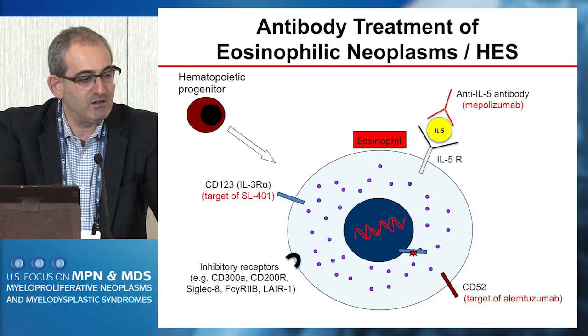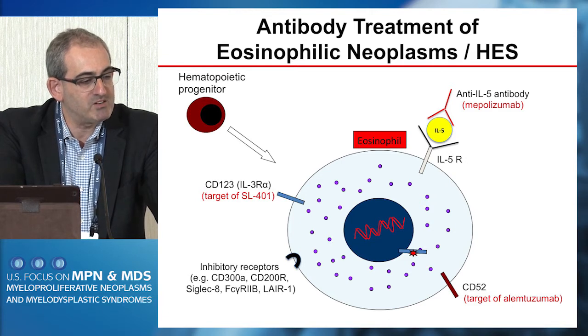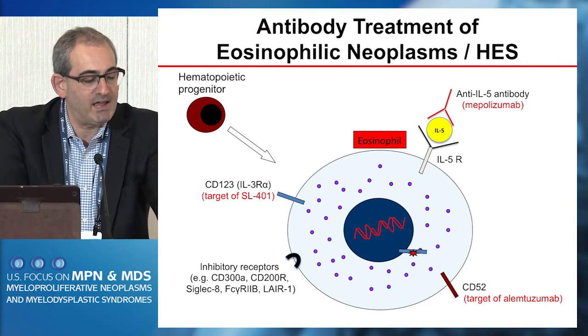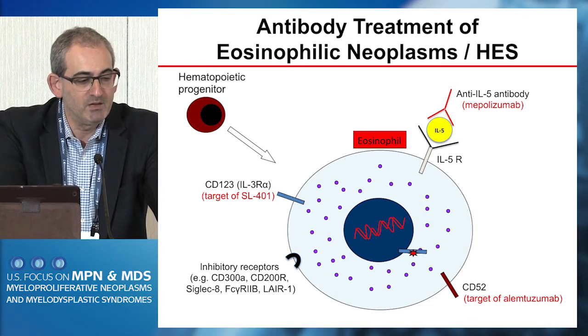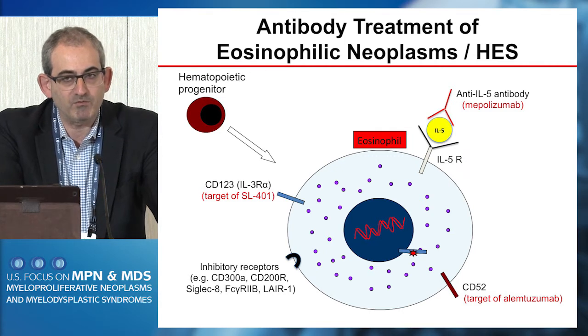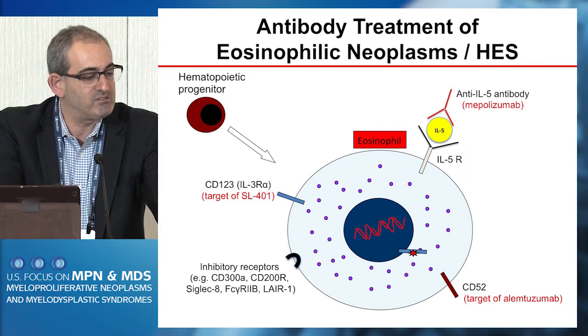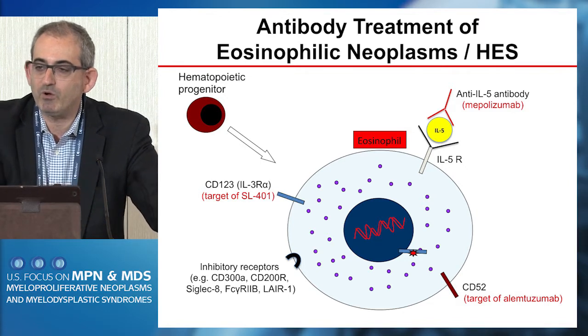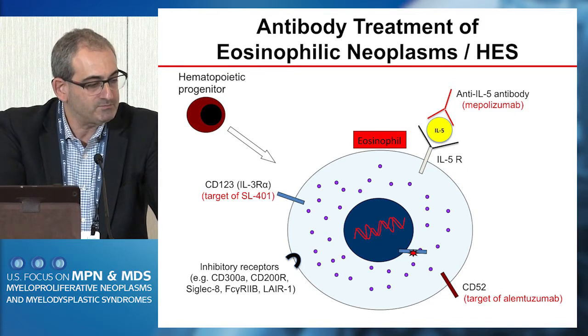And then just looking at antibody forms of therapy, I mentioned mepolizumab, which is an anti-IL-5 antibody. There's actually an antibody now in development that Amy Klion at the NIH is trialing, which is benralizumab, an antibody against the receptor for IL-5, not against IL-5 itself. CD52 is expressed in eosinophils, so there may be a role for alemtuzumab or Campath.